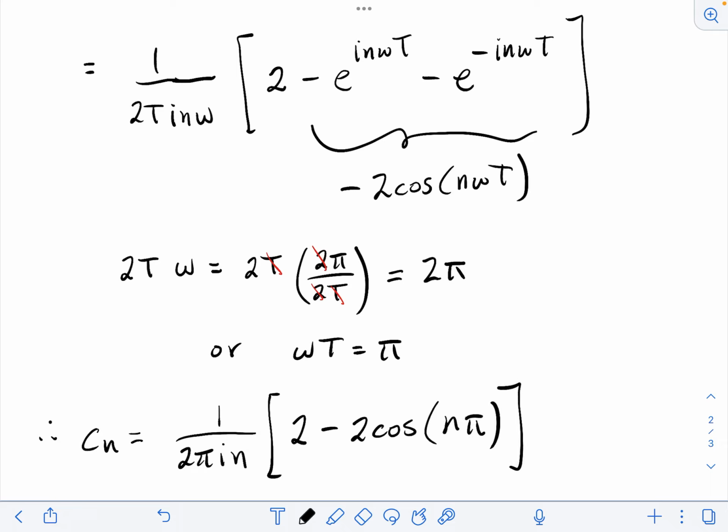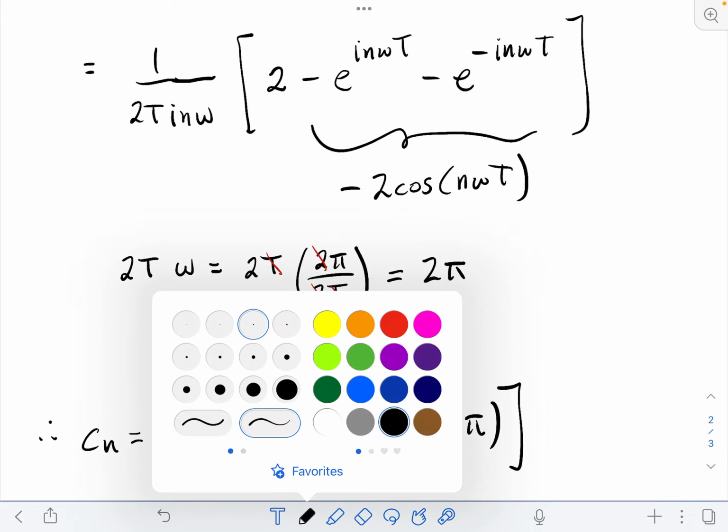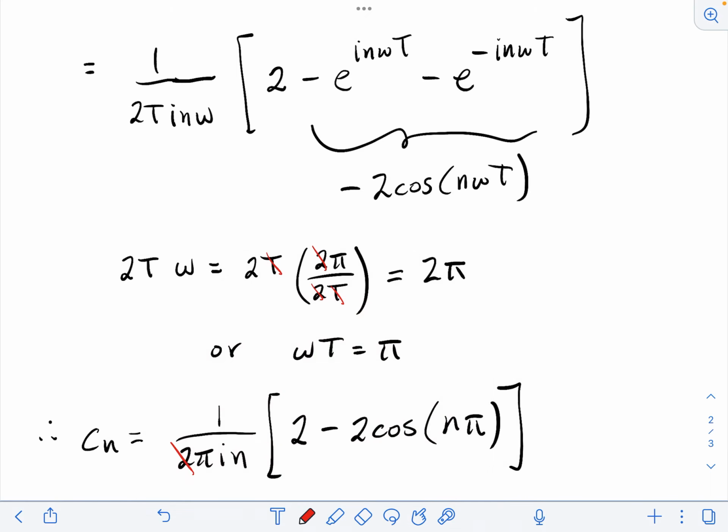So what we can do is cancel some factors of 2.